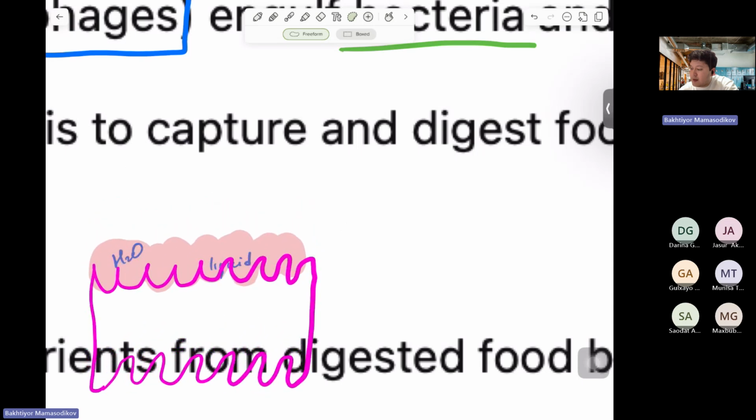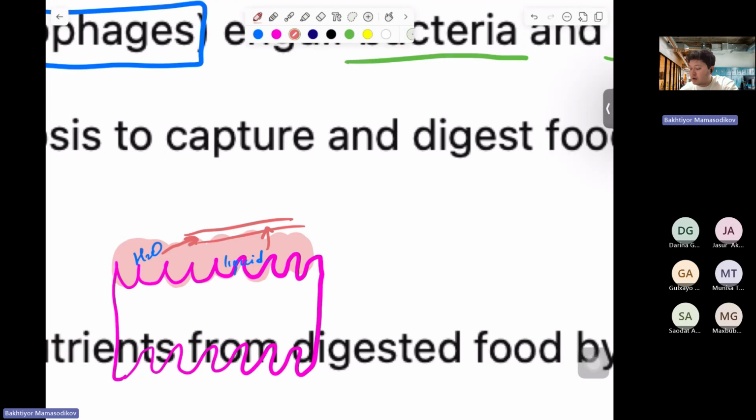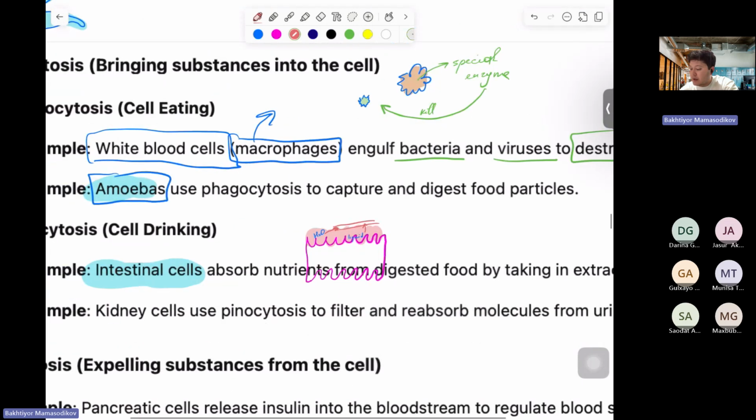It's absorbed, and we have the blood vessels here. We have specialized blood vessels. Then they're going to be absorbed into the blood vessels. So this process is called pinocytosis, cell drinking.